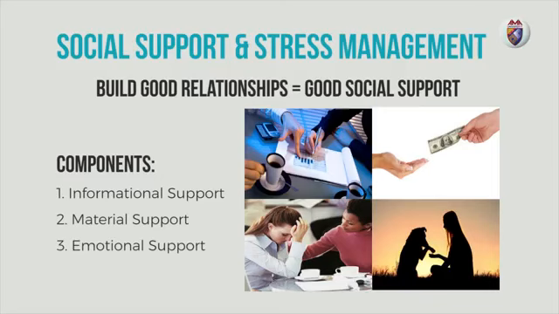This is where you get direct assistance from a person wherein he or she gives the help in the form of a tangible object. The best example of this is when you ask someone for a loan. And the last component of social support is known as emotional support. This is where you get encouragement or sympathy from someone to help you get through your challenge.